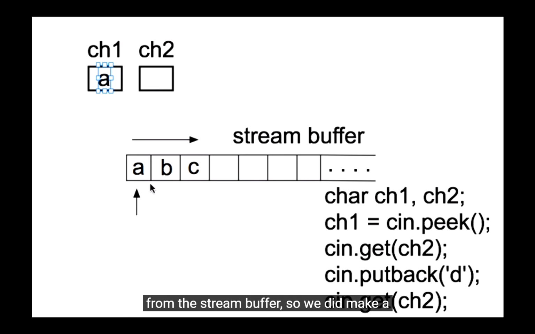So we did make a copy of the A to store it in ch1, but we didn't move over to read the B next. So the A went from the buffer up to ch1, but then the pointer stayed at A. So A was not removed from the buffer, and it will be the next thing to be read.